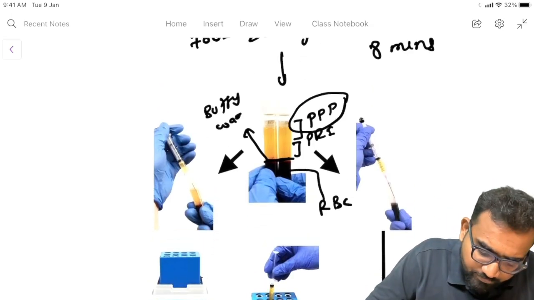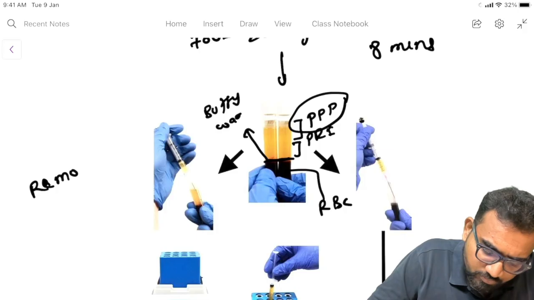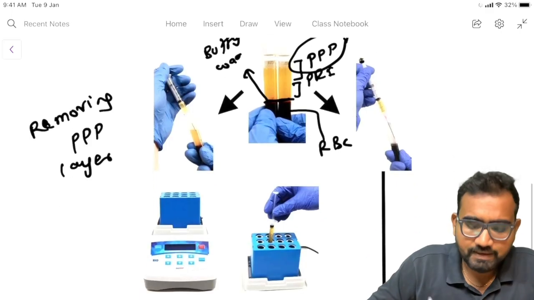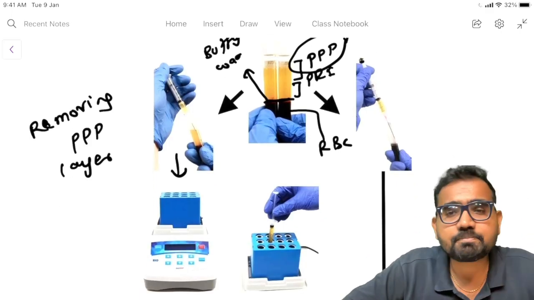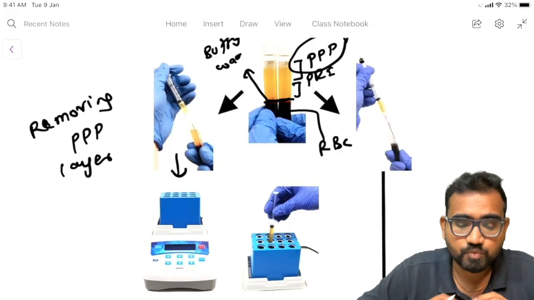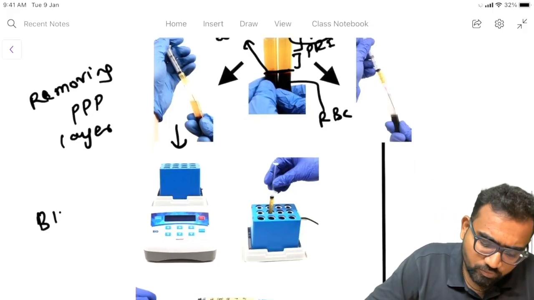I am removing the PPP layer and placing it in a special machine which is called the BioHeat.